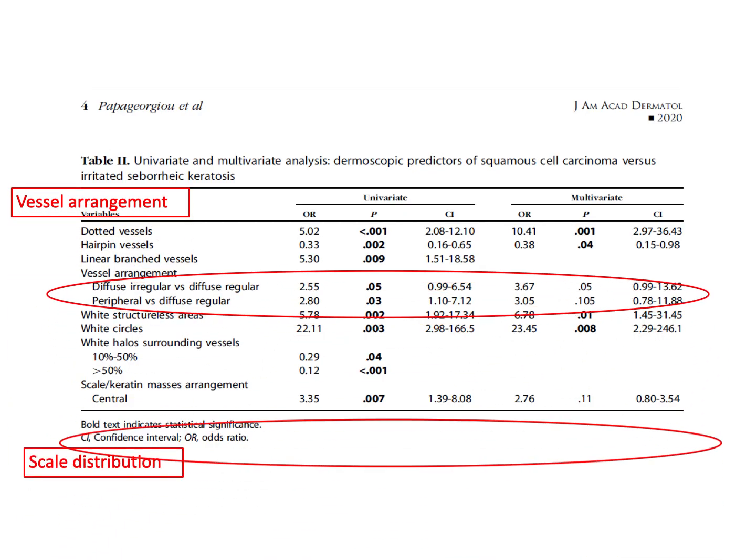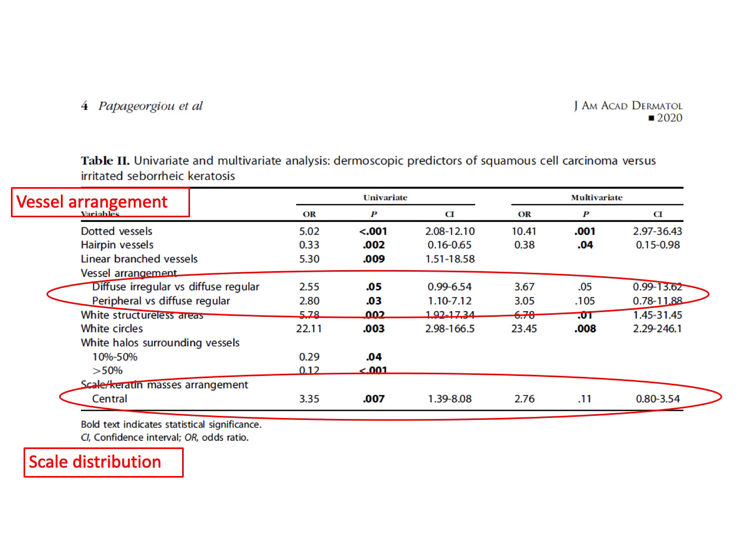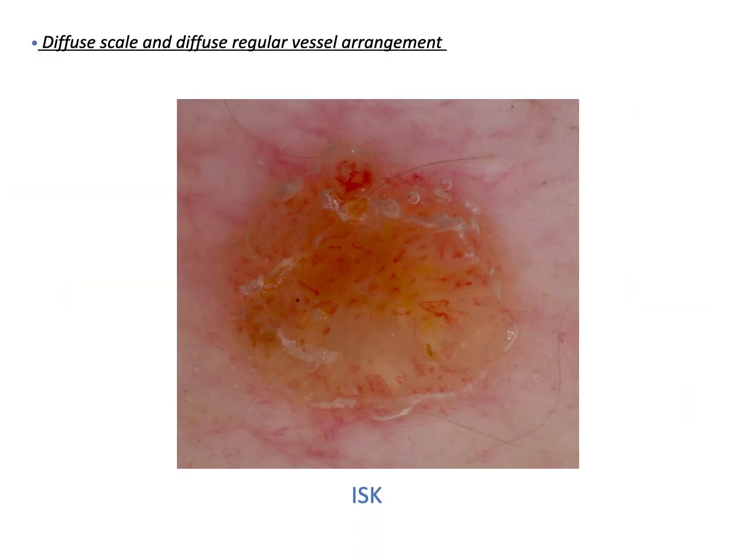The vessel arrangement and the scale distribution might also provide valuable information for the differential diagnosis between irritated SEBK and SCC. Irritated SEBKs tend to display a diffuse scale and a diffuse regular vessel arrangement as a result of their rather symmetric dermoscopic morphology, as in this SEBK, for example, in which we see the diffuse regular distribution of vessels and scales.